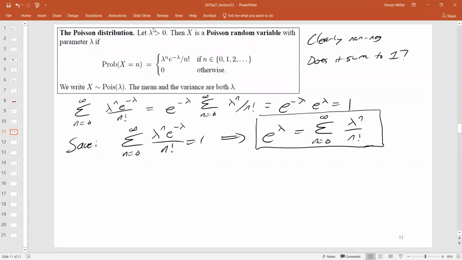What might this be useful to find? Yeah, to find other moments, differentiating identities. I need an identity to start the process. I could keep it as this expression equals 1, but then when I differentiate, I'd have to use the product rule. And I'd rather not use the product rule. So I'd rather just move it over to the other side, differentiate, and then move it back so that it becomes my probability distribution.